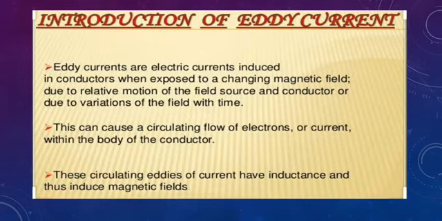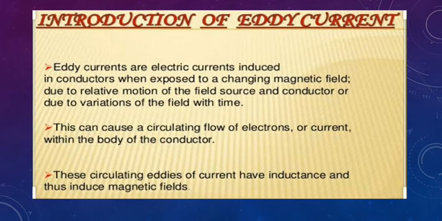Now, a small introduction of eddy current. Eddy currents are electric currents induced in conductors when exposed to a changing magnetic field, due to relative motion of the field source and the conductor, or due to the variation of the field with time.